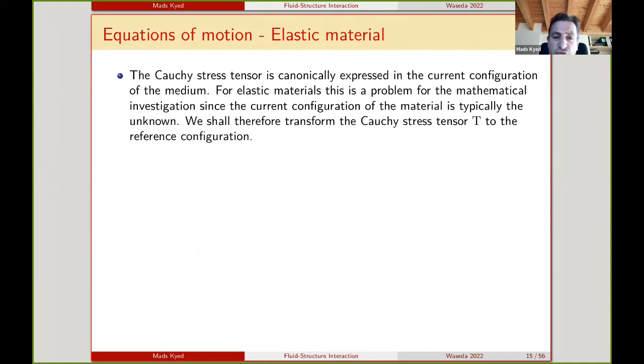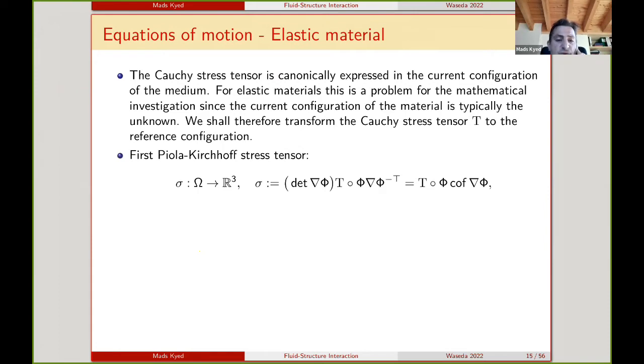Of course, there's a solution to this problem, and the solution is to transform the Cauchy stress tensor to the reference configuration, and we do this by introducing the first Piola-Kirchhoff stress tensor, which we denote by sigma. Now sigma is a function on the reference configuration, which I've denoted by omega.